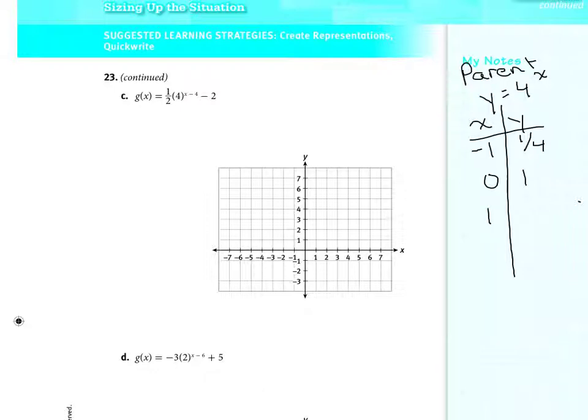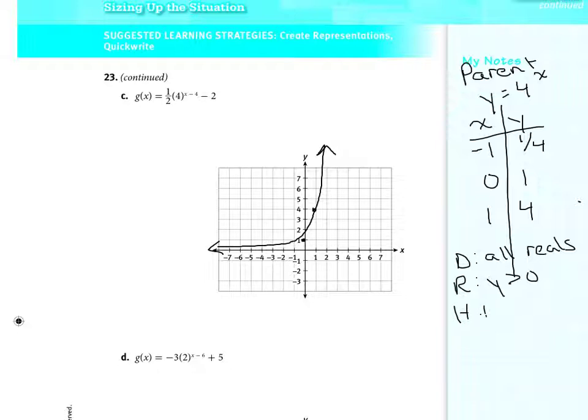When x is 1, 4 to the 1 is 4. So we end up with our parent graph. Our domain is all reals. Our range is the y values greater than 0. And our horizontal asymptote is at y equals 0. That's going to be the same on every single parent graph.